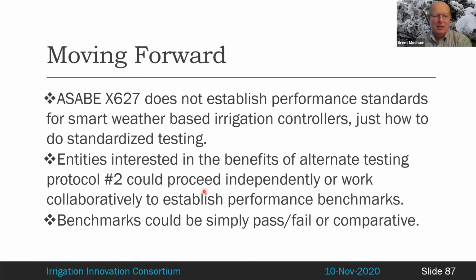So I guess the X627 standard is in the final stages of being approved by ANSI. So within the next few weeks, that should be done. And then, you know, where to go forward. This was a fairly expensive test to perform, and it probably needs to be redone with a different lab and different people to verify that they can get similar results, and then to try and establish that baseline.